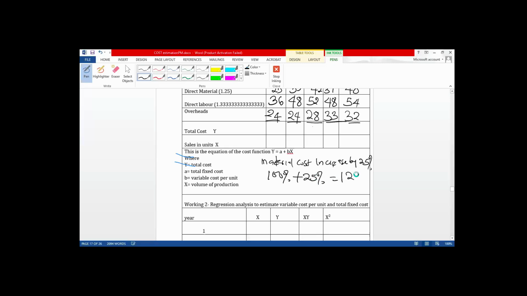That means you have 125%. Percentage means 100. So that 125%, if you want to convert it to ratio, 125 divided by 100, that will give you 1.25. Is that clear, please? Now look at the second one.